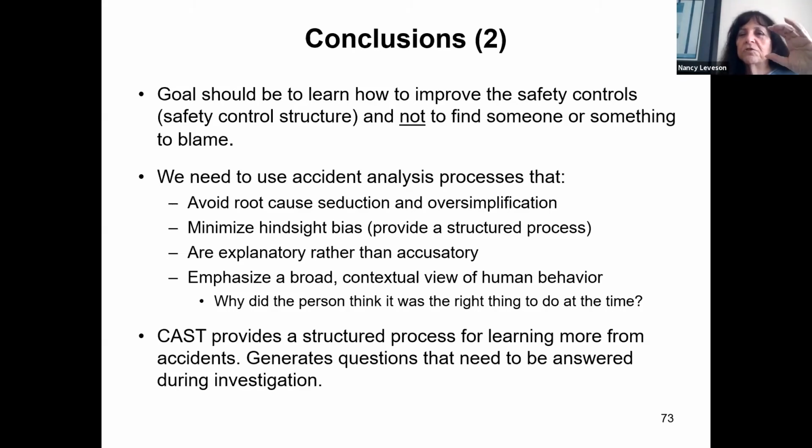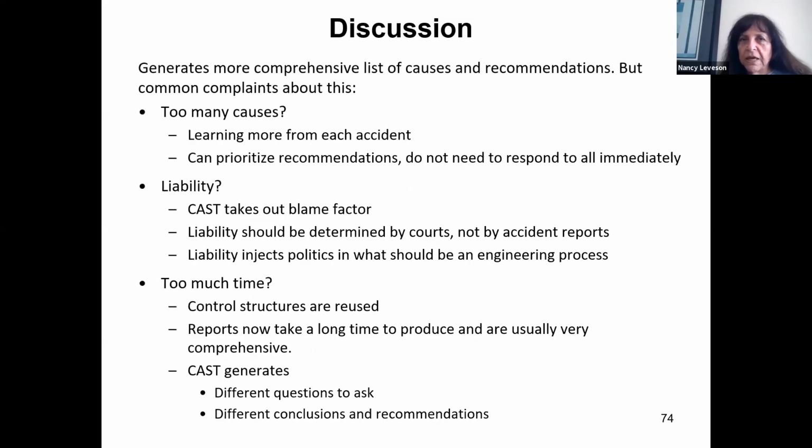CAST provides a structured process for learning more from accidents. It generates questions that need to be answered during the accident investigation. Now, we were going to have a discussion, and I've run out of time. So if there's some time this afternoon, with the example that you're going to do in aviation I told you about, or in 2 weeks, the last week, there's a whole session, an hour and a half on CAST.